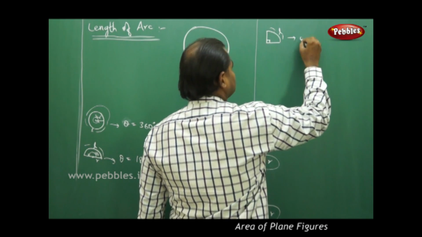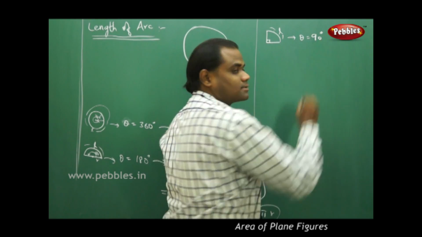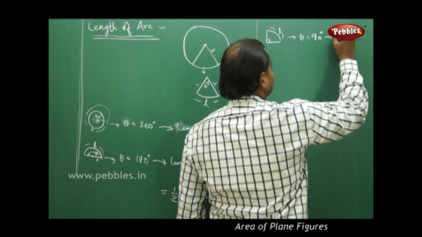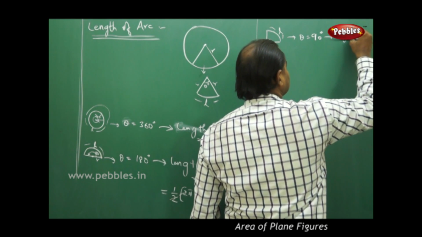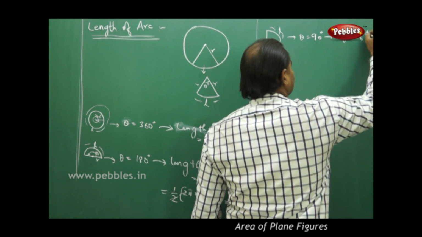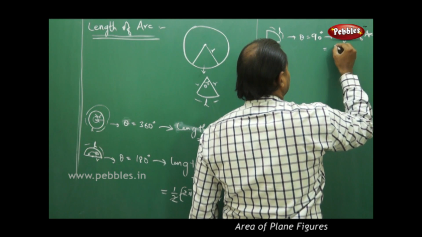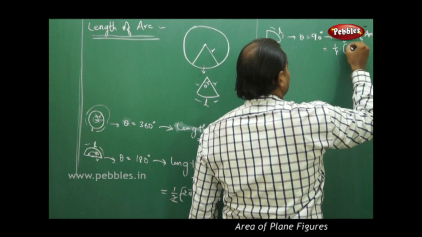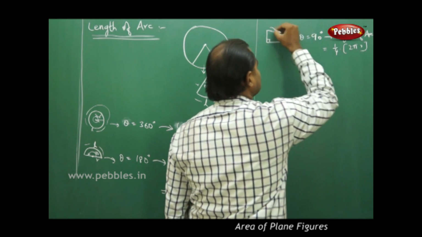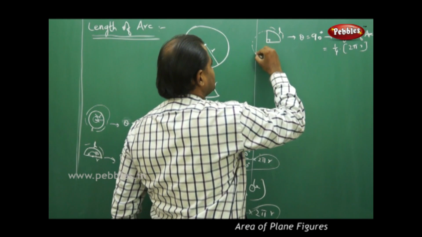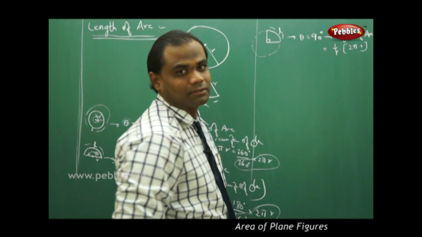Therefore, in this case, my theta is 90 degrees, and my length of arc in this case would be 1/4 of circumference, because this is 1/4 of the whole circle which is taken into consideration.